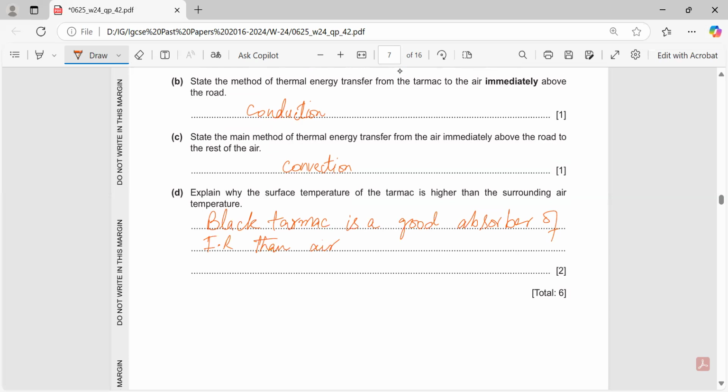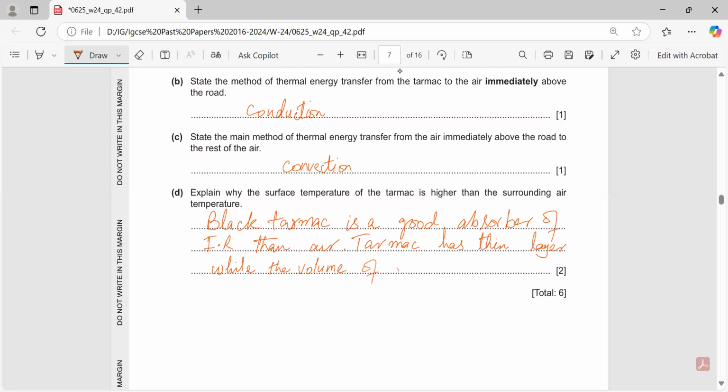Another reason is the quantity, the amount of tarmac. Tarmac has a thin layer, while the volume of air is large. That is bigger in amount.